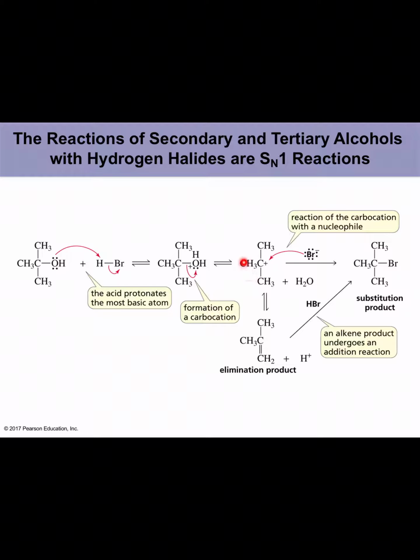There are 3 methyl groups, and so the bromide can act as a base and grab a proton from any of these carbons, one of these hydrogens, and then it can form the alkene product, which is the elimination product. So you can have the substitution product as well as the elimination product.